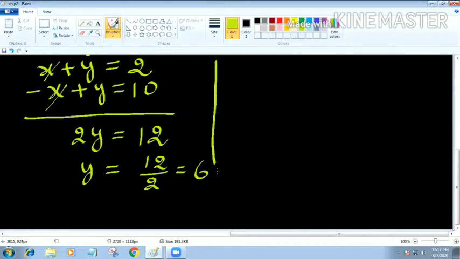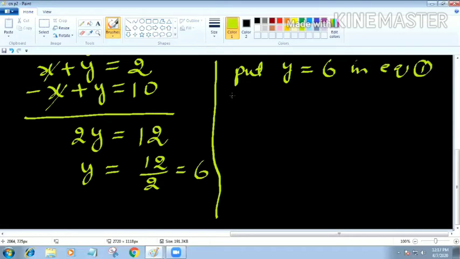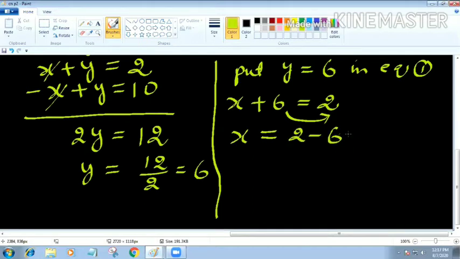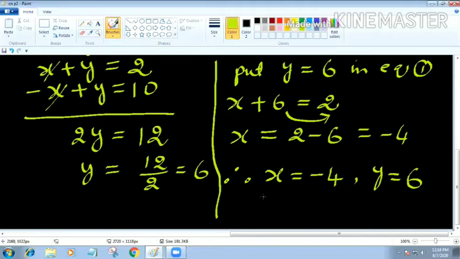So let us put y is equal to 6 in equation 1, that is x plus 6 is equal to 2. 6 taking right side, so x is equal to 2 minus 6, that is equal to minus 4. Therefore, the values of x and y are x is equal to minus 4 and y is equal to 6.